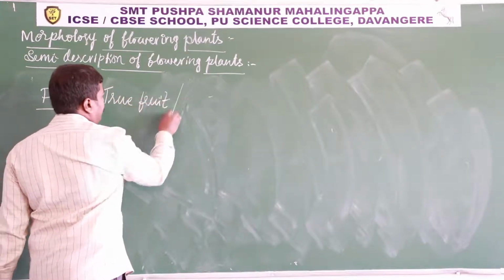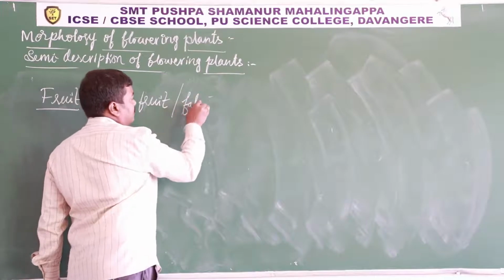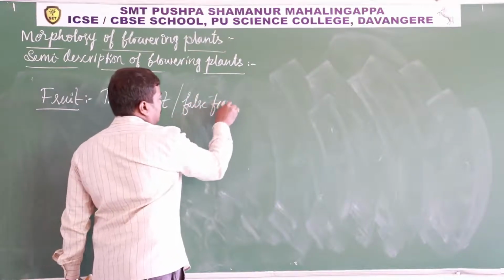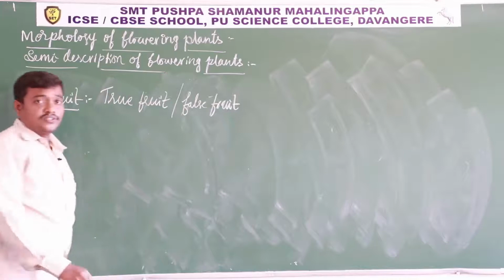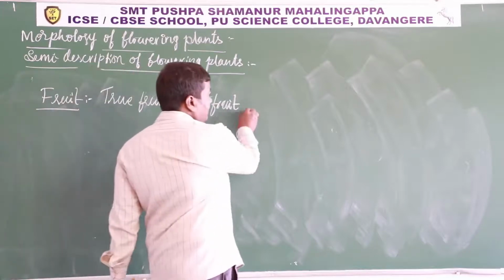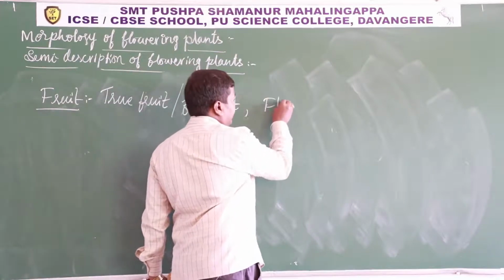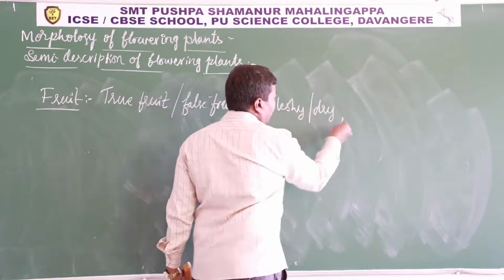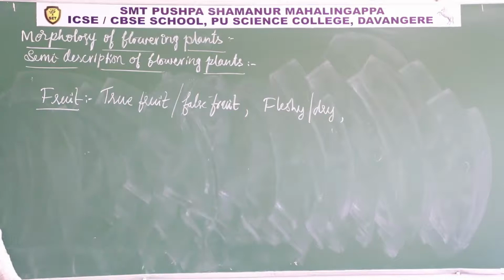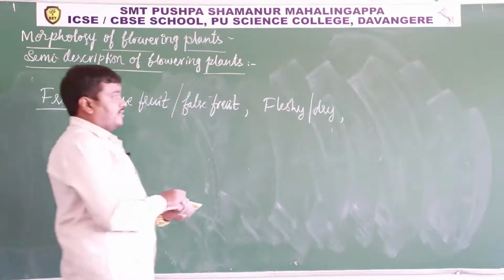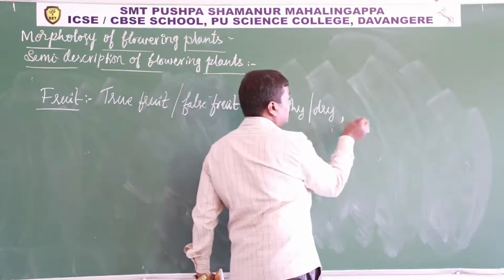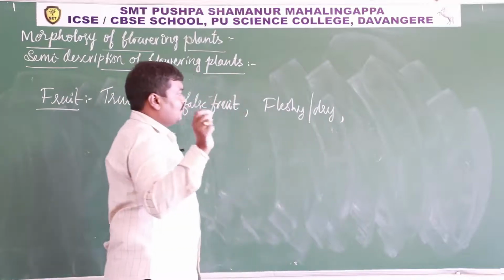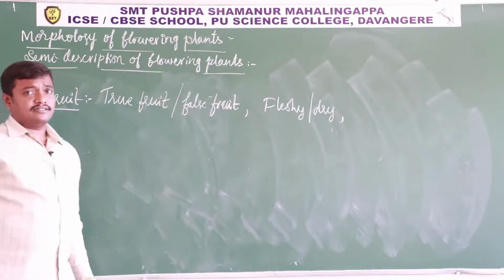You need to say whether it is a true fruit or a false fruit. Then you need to mention whether it is fleshy or dry. Fleshy and dry fruit were already discussed in the previous class.